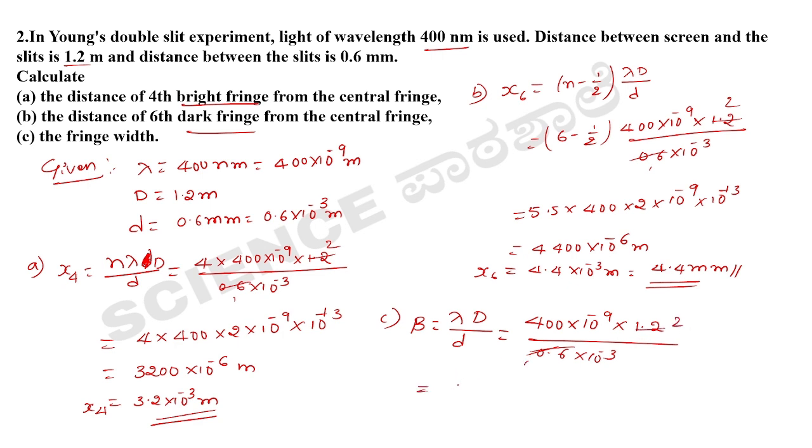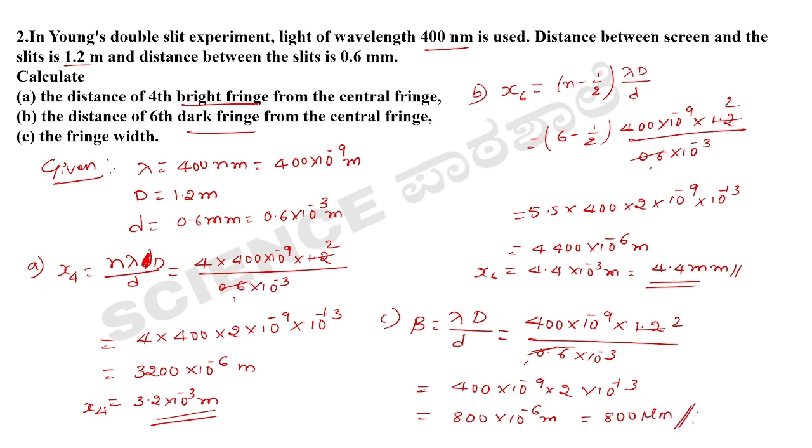So 400 into 10 raised to minus 9 into 2 into 10 raised to plus 3. If you do this, you will get 800 into 10 raised to minus 6 meter, or 800 micrometer. Clear?